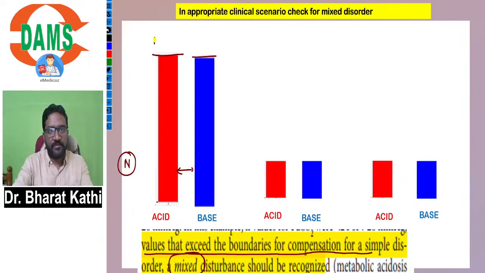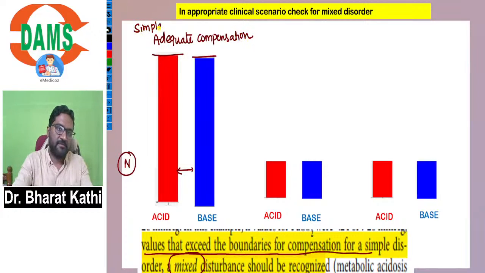So this is called as adequate compensation. This in Harrison is referred to as simple acid-base disorder. So if acid is reaching this level, base should also reach this level. How much base has to increase, you will know by the relevant compensatory formula.